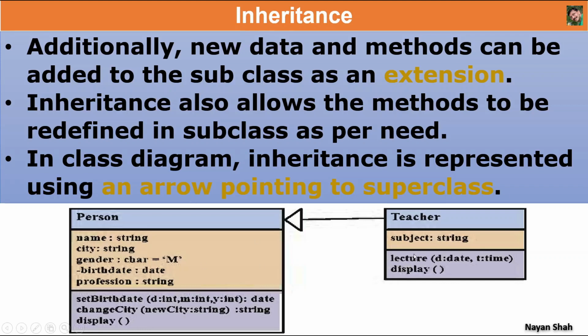And apart from that, there are more things like subject, lecture, display. This is something new which is in the teacher class and not in person class. But while defining teacher class, we don't need to create all these things again. We do inheritance, and all these things are available in teacher class. So that is inheritance.